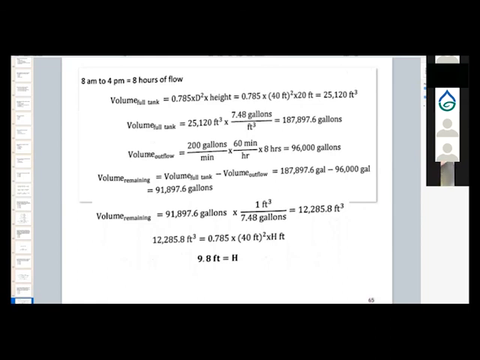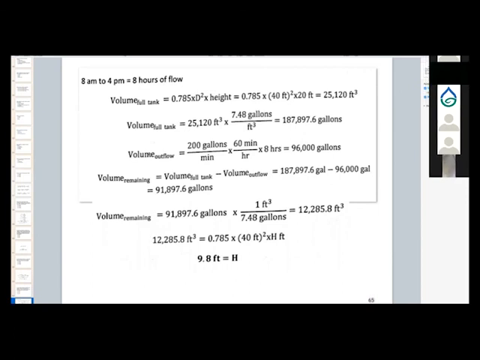And then you'll get the answer of 91,897 gallons. And then you'll do the backwards, where you're going to convert it to cubic feet. And then you could plug in your same diameter to get the height. See how that works there? So in this example, it's 9.8 feet.